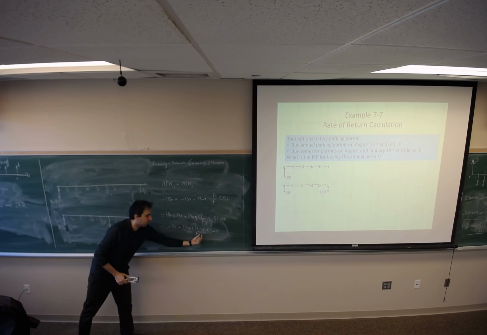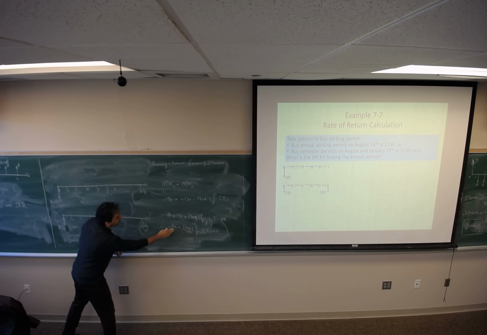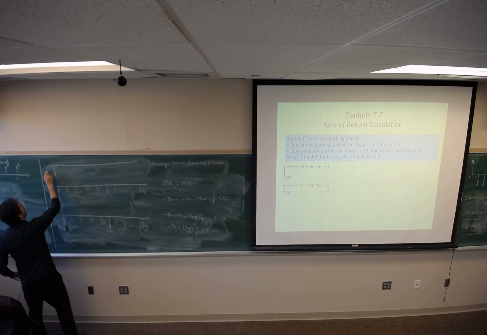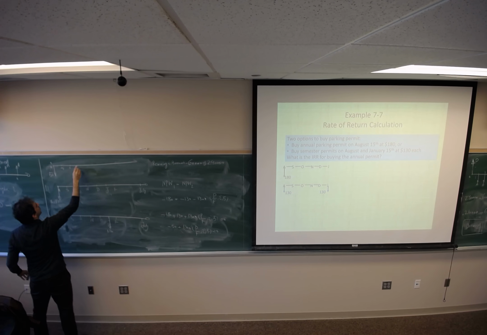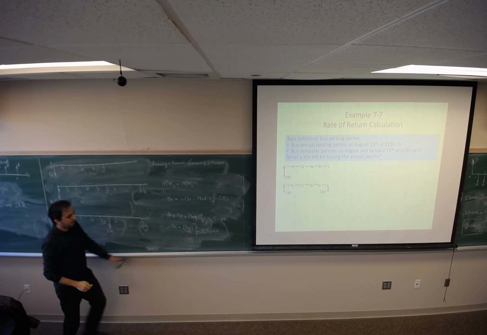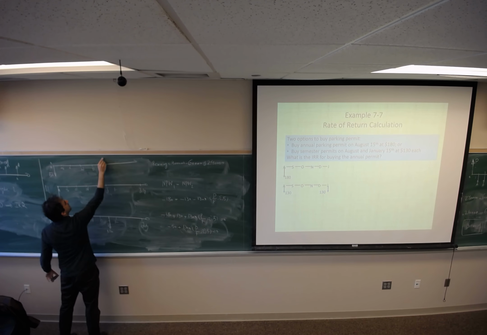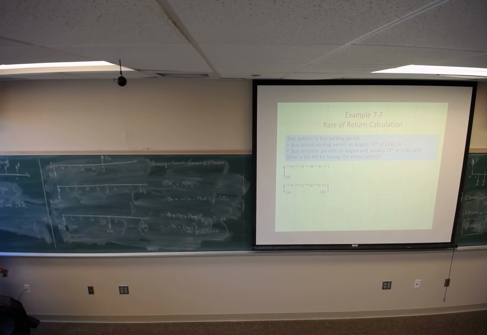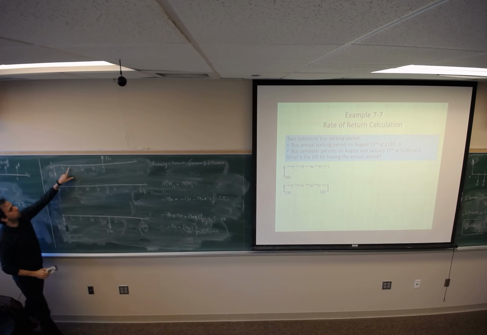Before I solve for i, when you look at this, if I ask you to draw the cash flow diagram for the left side, you will see one negative 50 at the present time, August, September, October, November, December, January, and one positive 130 in January, or 5 periods of time later. 1, 2, 3, 4, 5.